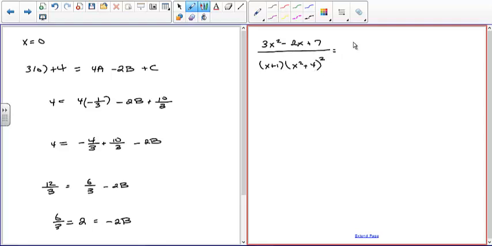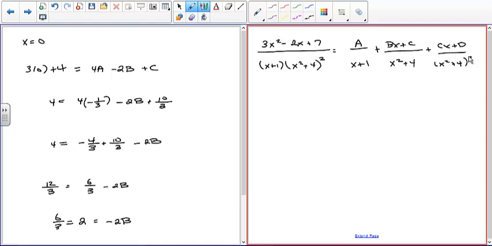So the way you would set this up is you would have A over x plus 1, that's the linear part, and then you'd have Bx plus C divided by x squared plus 4, and then you'd have Cx plus D divided by x squared plus 4 squared.